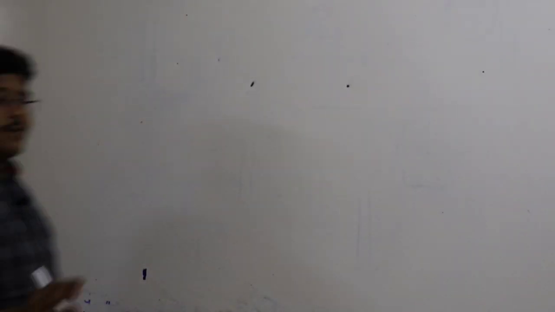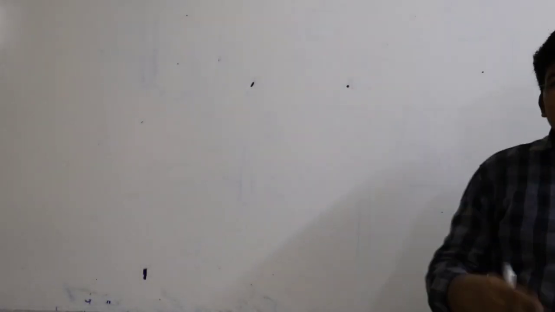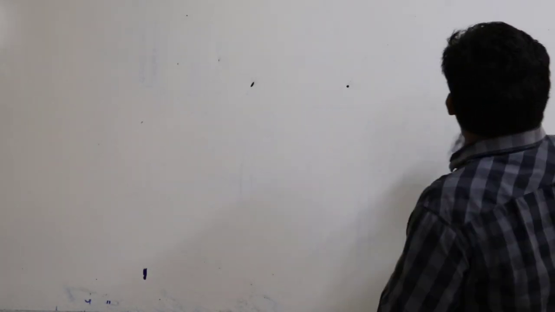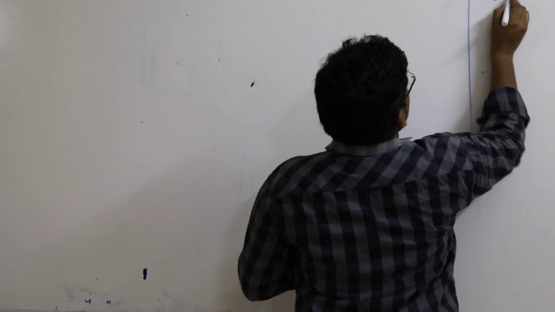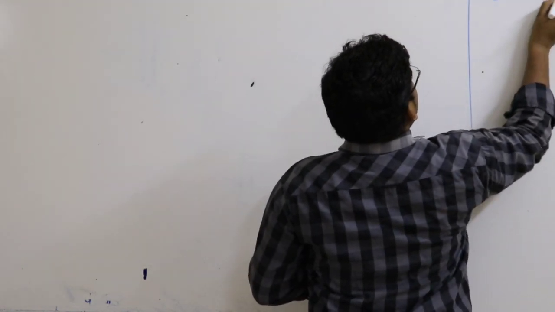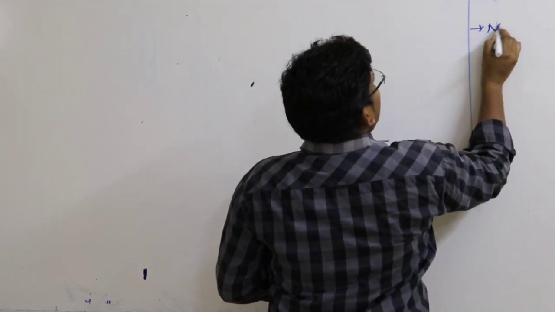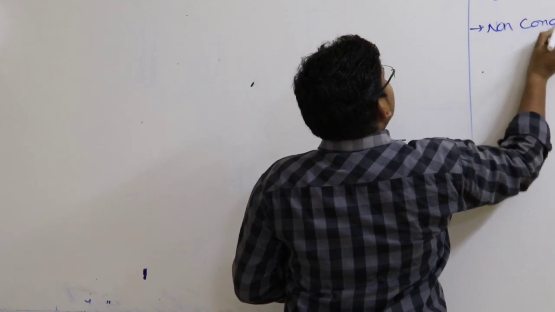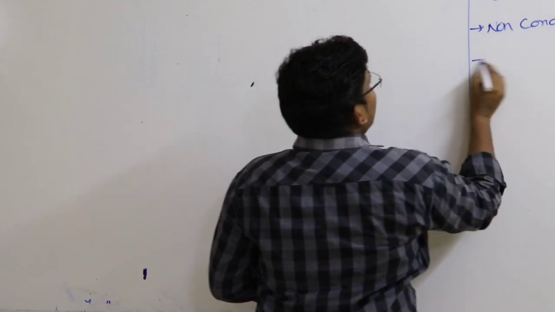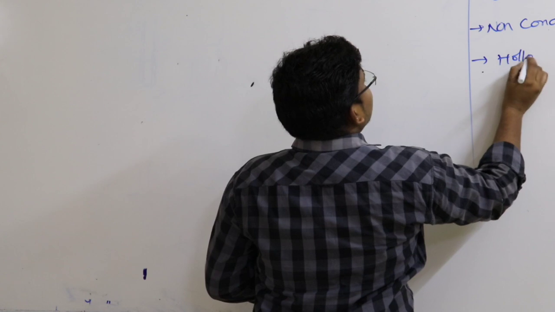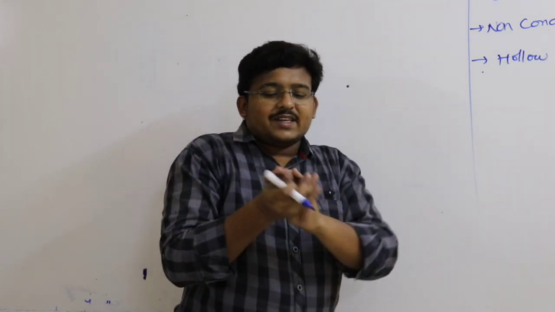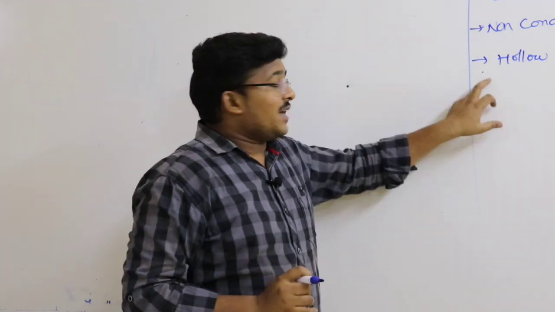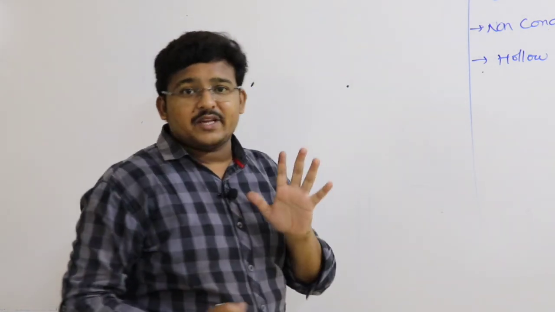Actually in the spheres we have three types. The first one is the conducting sphere, the second one is non-conducting, the third one is hollow. In conducting and non-conducting, the volume contains some material, but hollow is empty.